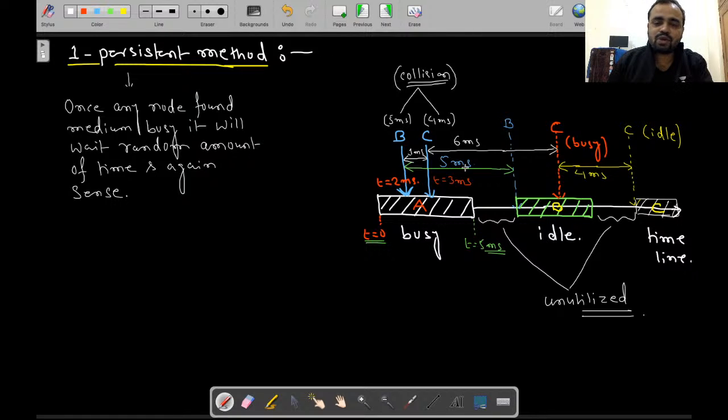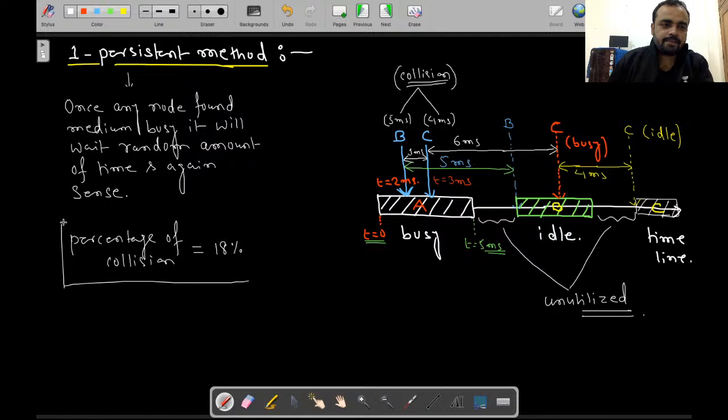So in this situation we can easily reduce the rate of collision. The percentage of collision is equal to 18%. By applying logical thought, you can easily realize how we are reducing the rate of collision.